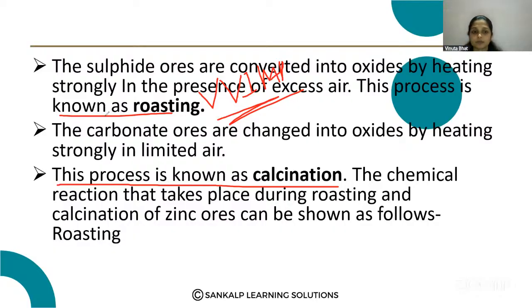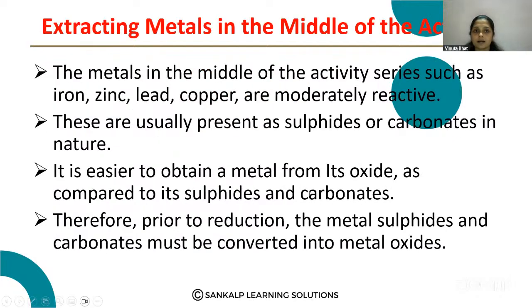These two processes will be there in extracting the metals in the middle of the activity series. The first step is calcination, and the other is roasting. Roasting is for the sulfide ores, calcination for the carbonate ores. Is that clear?